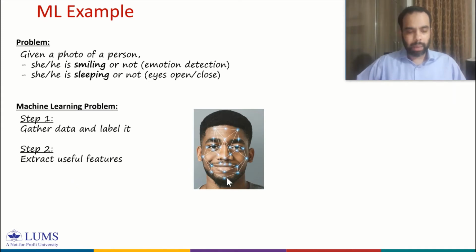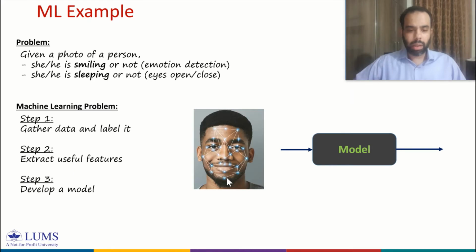The next step in any machine learning problem is to develop a model that takes as input these features or these photos, and the model learns from the data so that if the model gets a new photo, it can tell which class that photo belongs to. So step 3 would be to choose a model that can best fit the given problem or the given data.